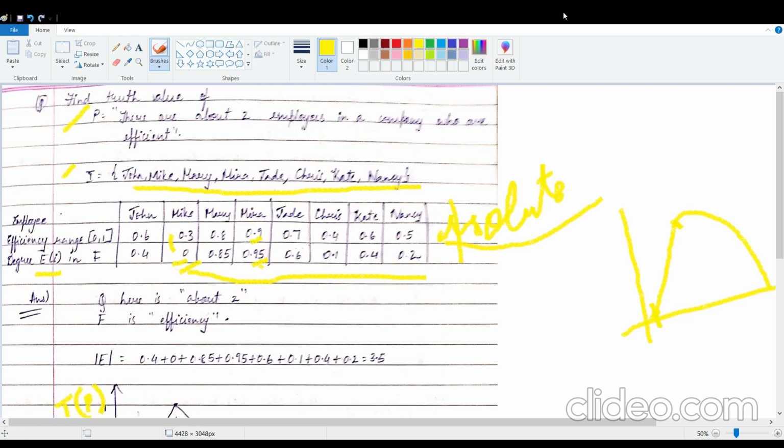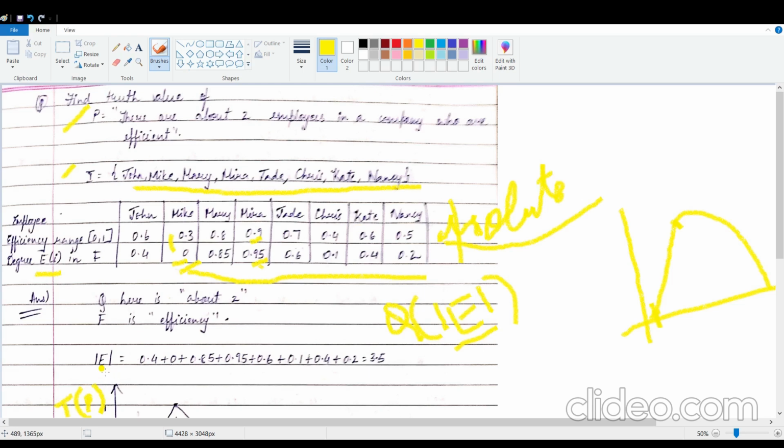Anyway, as we have already seen, the truth value is given by Q of mod E. The truth value of the proposition is what we needed to find here, and that is given by Q of mod E. So let us try finding what this mod E is. Mod E is cardinality.